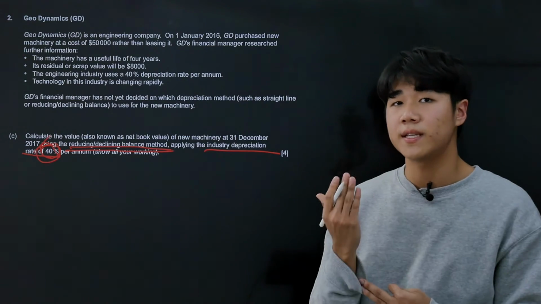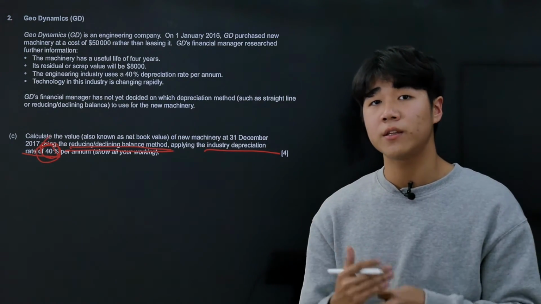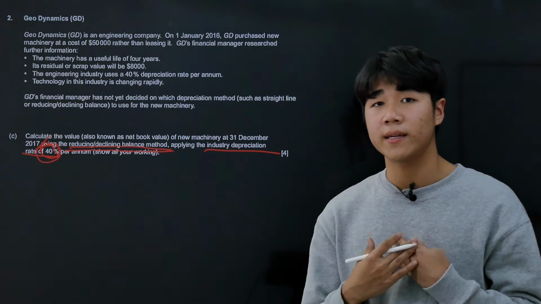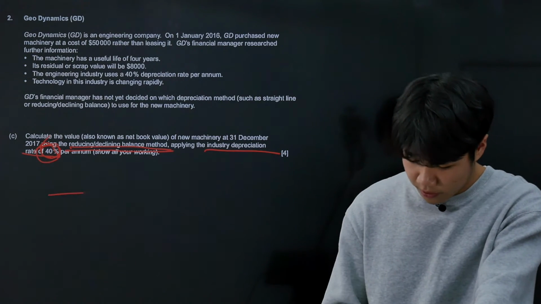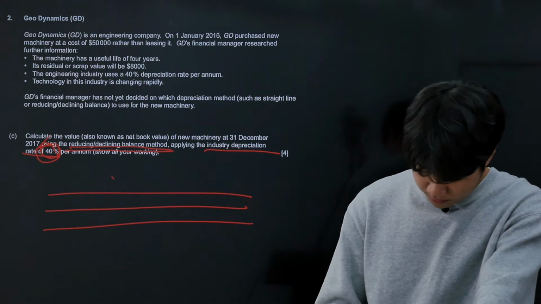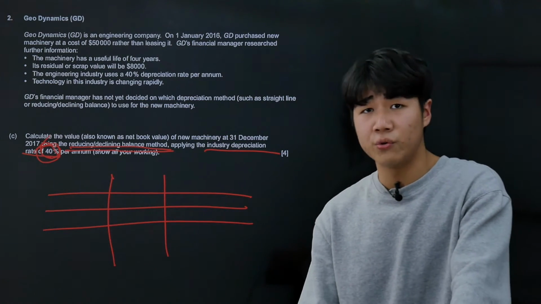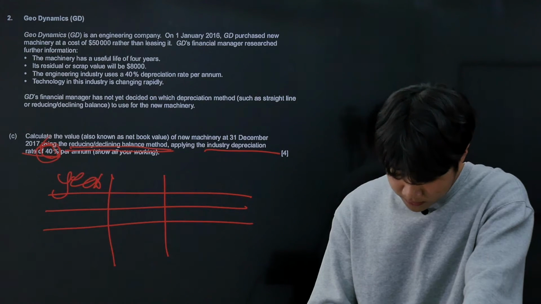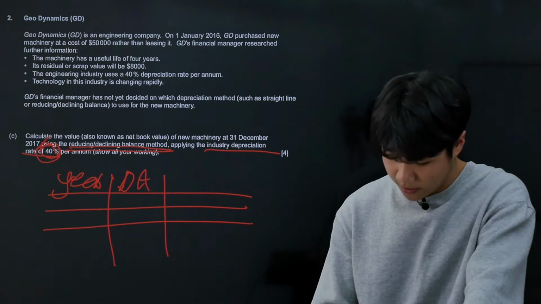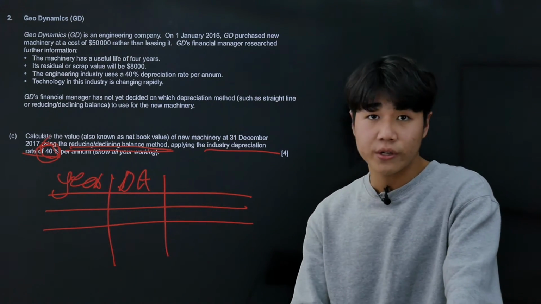The biggest difference is that in the reducing balance method, you find an accumulated depreciation allowance. So what are we talking about when we're talking about accumulated? Okay, first you just have to make a table. As easy as that. Okay, DA, which is depreciation allowance.